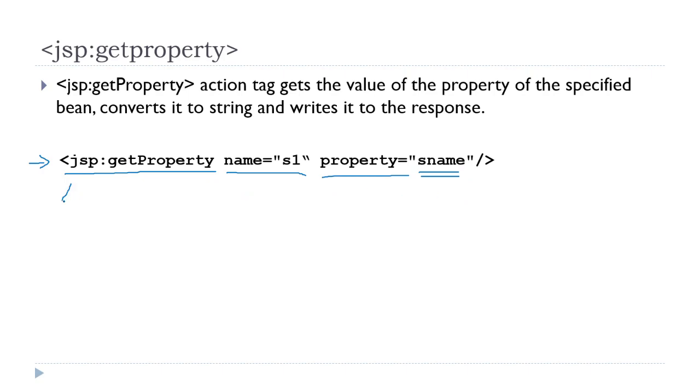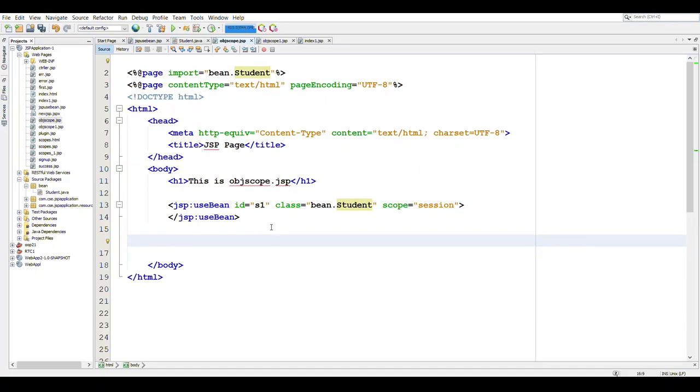For that we will write JSP get property name is equal to s1 and property is equal to sid. Since we are calling the useBean tag to create the object s1 for the first time, the no argument constructor is going to be called, where we have specified the name to be no name and the id to be 0.